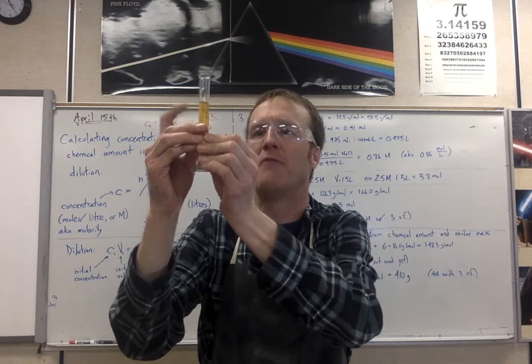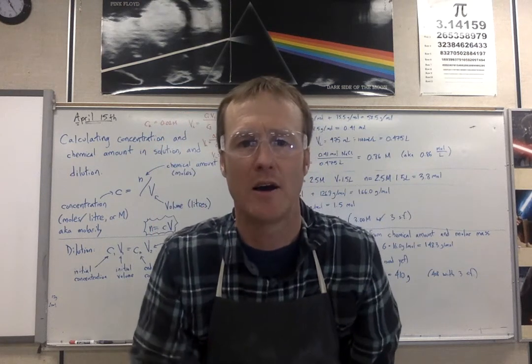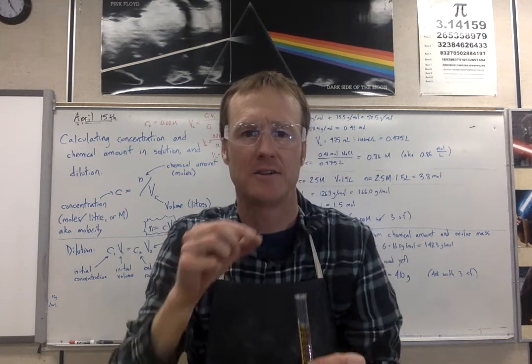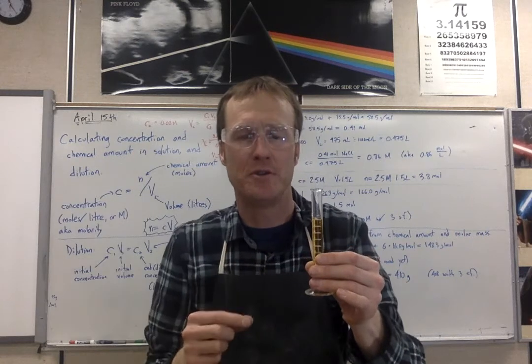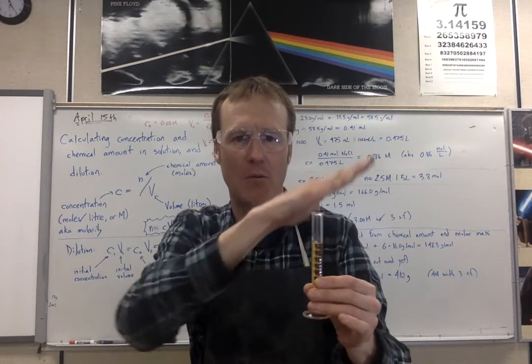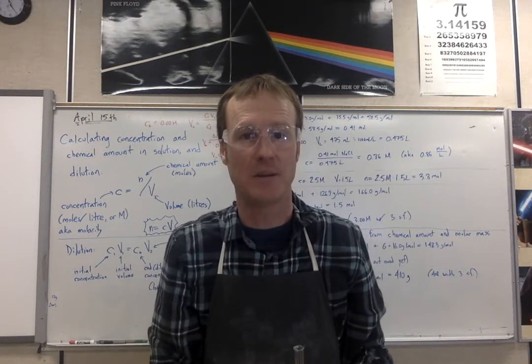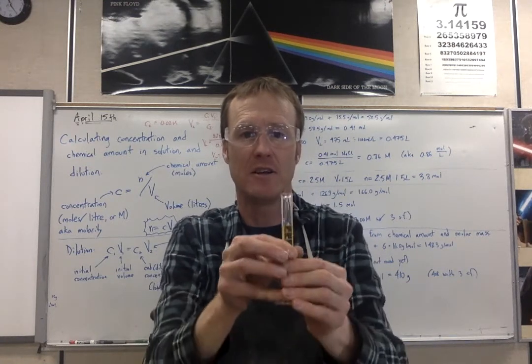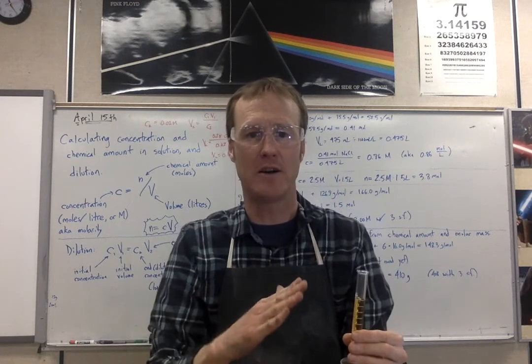If it was above the 10 milliliter mark, I would need then to use a dropper, a pipette, to take some out. If it was below it, I would take a pipette and put in 1 or 2 drops to get to that exact level. I want the bottom of the meniscus to be level with that white line at the top. And that's how I know I've got 10 milliliters in this graduated cylinder. I've reached that top line and no higher.